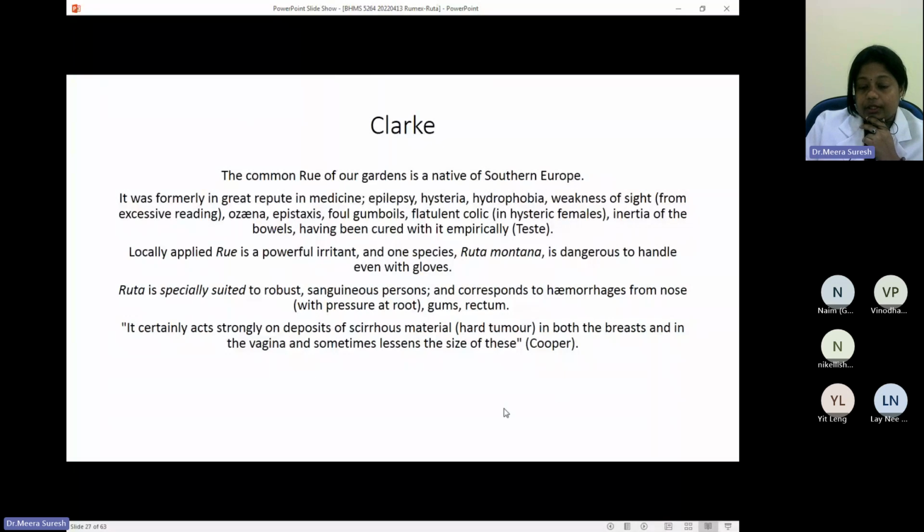But here Cooper has mentioned, which is given in Clarke, that this is good for hard tumor, which is present in the breast and also in the vagina. So in that manner, we can compare with Conium, and the other ones for hard tumor, Calcarea fluorica, and then Phytolacca.